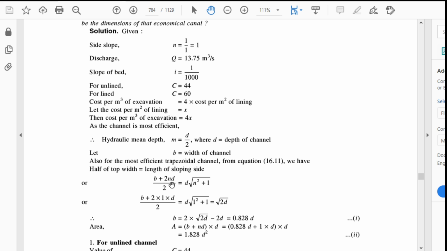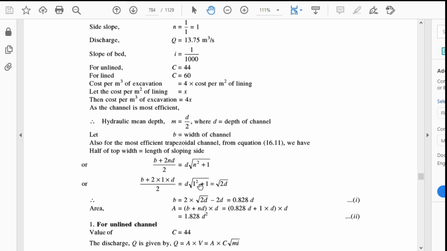Now here n is a known quantity, so the value of b can be obtained in terms of depth of flow as 0.828 d.